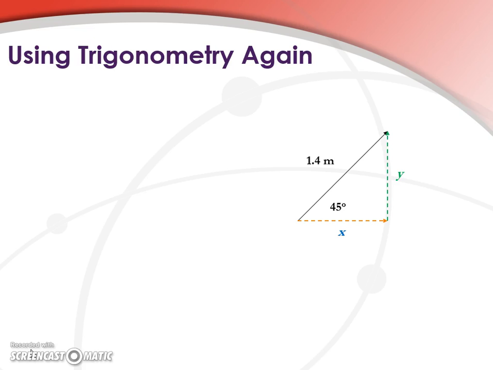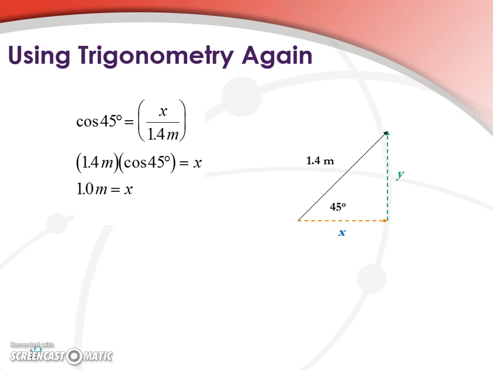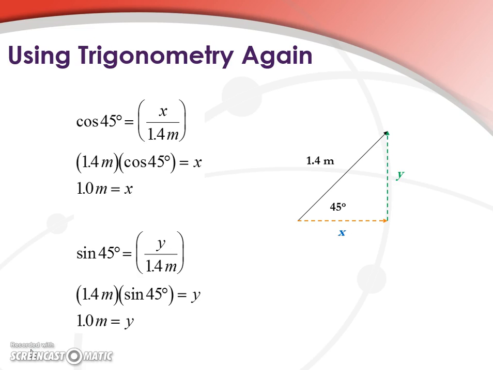By definition, 45 degrees is theta. Then we can use trigonometry once again to solve for x and y. So cos 45 degrees equals x over 1.4 meters. X equals 1.4 meters times cos 45. X equals 1 meter. And similarly, sine 45 degrees gives us y equals 1 meter.